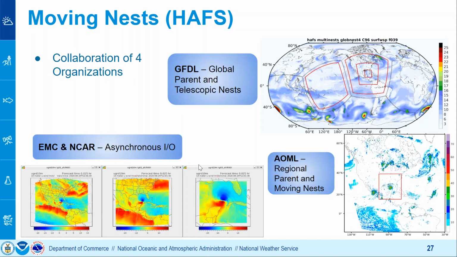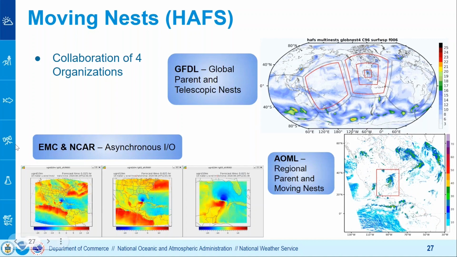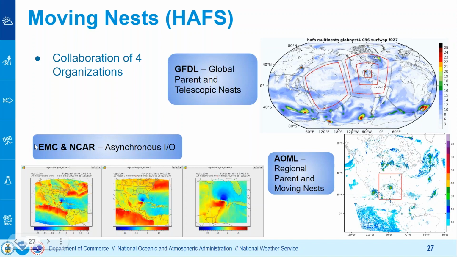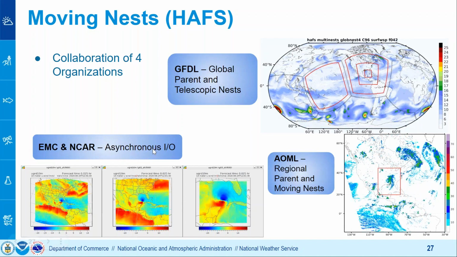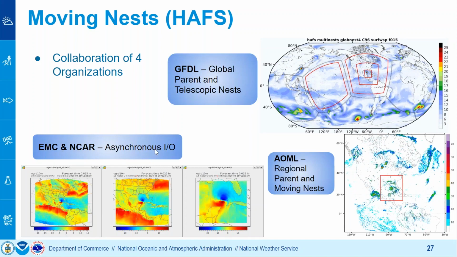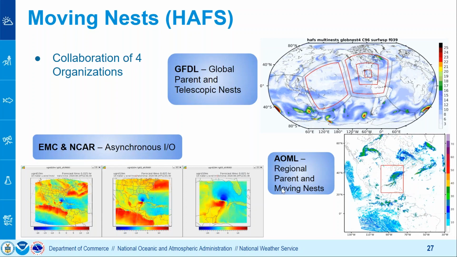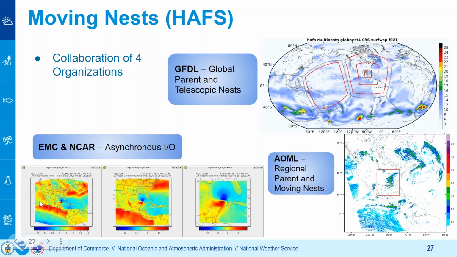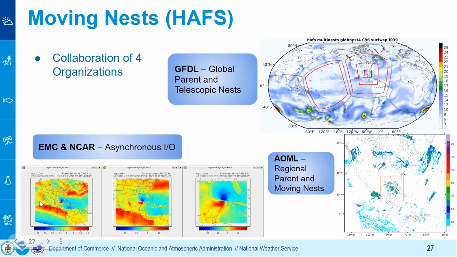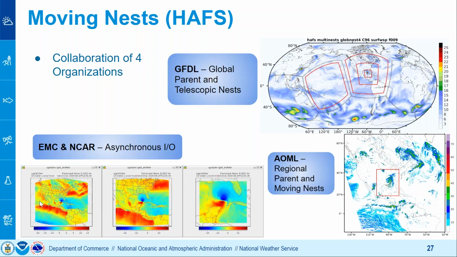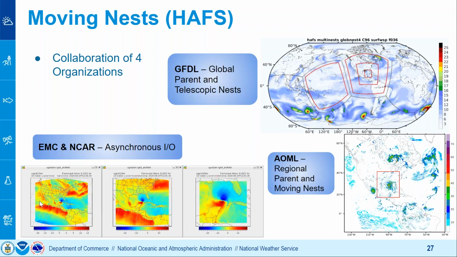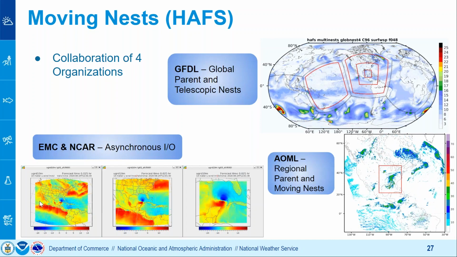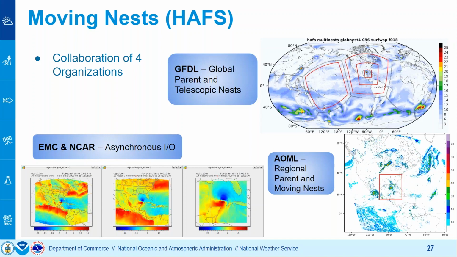Then EMC and NCAR developed the asynchronous I/O feature. Basically, when you have moving nest, you have post products coming out along with that, including the history files and so on. With this collaboration, we have this new capability, and it can be used in operation.